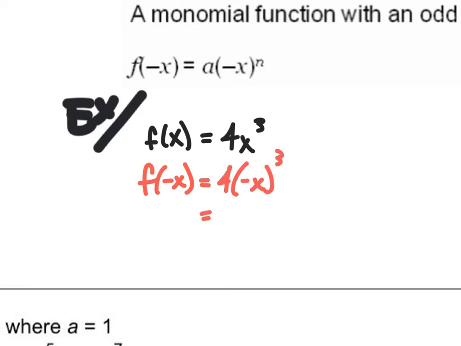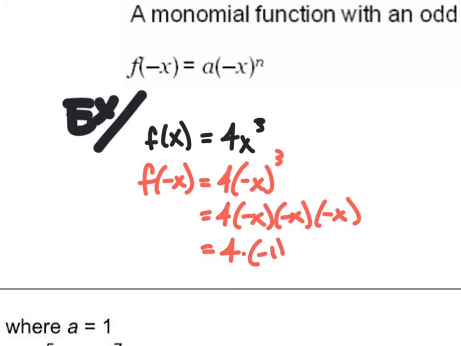As a result, I get 4 times negative x times negative x times negative x. If I have 3 numbers that I'm multiplying together and all 3 of them are negative, these two are going to become positive. If you multiply by another negative, then you get a negative. So watch what happens. I'm going to get 4 times negative 1 times x cubed.